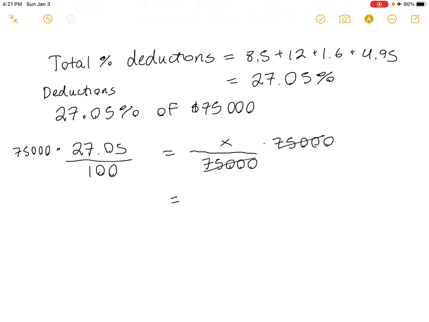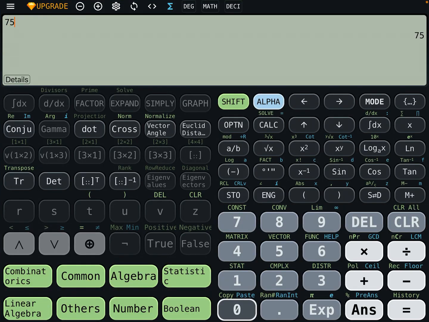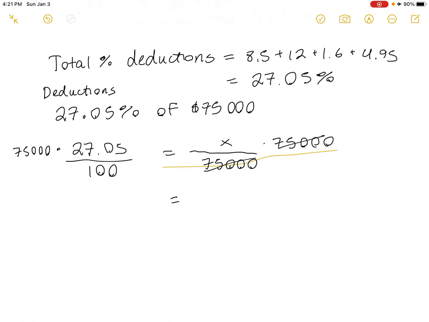Okay, these cancel and we get, let's see, 75,000 times 27.05. Okay, so that's whatever it is divided by 100. And that's 20,287.5. Okay, so X equals 20,287.50.